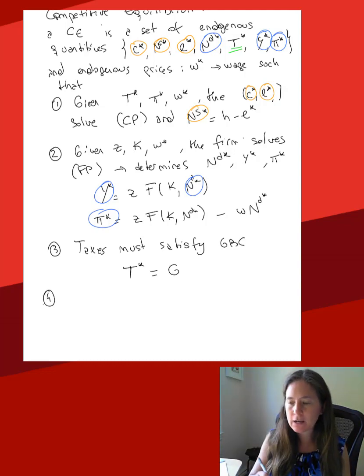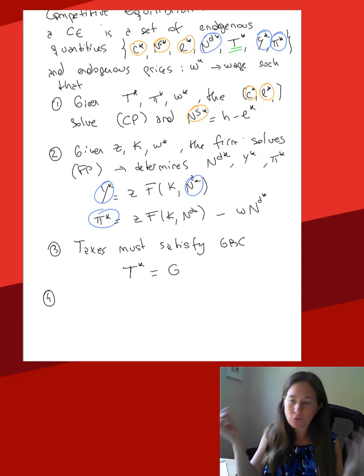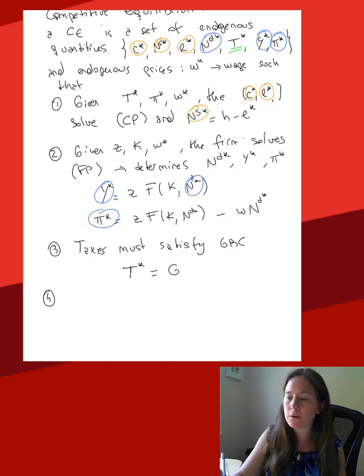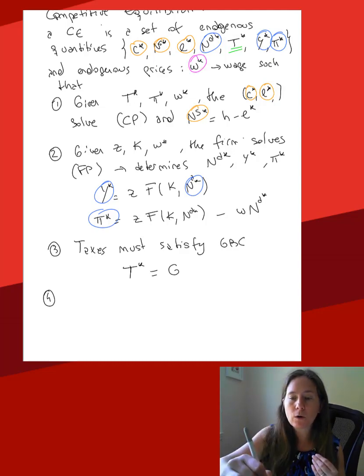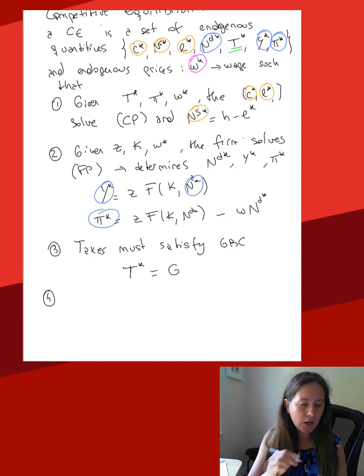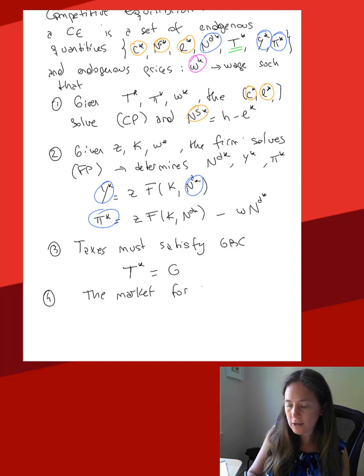And then the final, so what are we missing? We have all the allocations. The only thing we are missing is the wage rate. So how is the wage rate determined? So the wage rate is determined such that the market for labor clears.